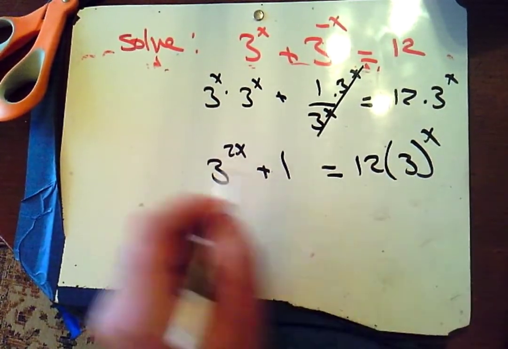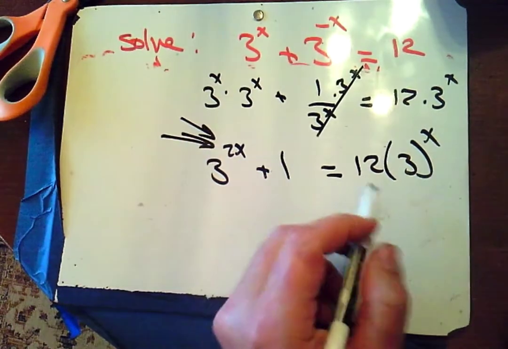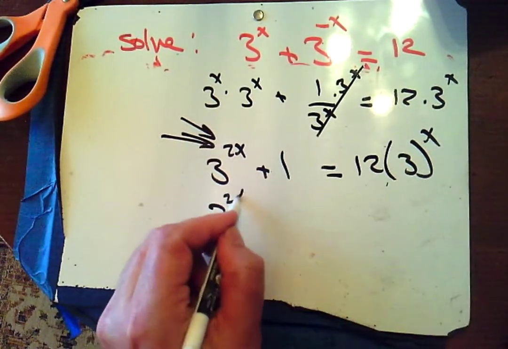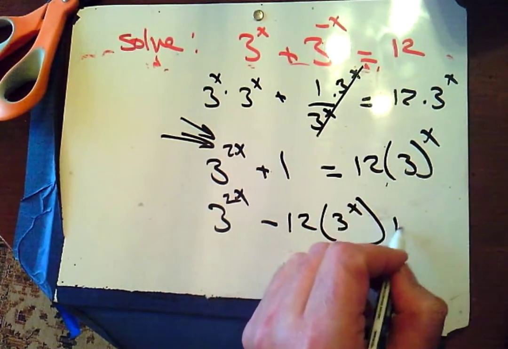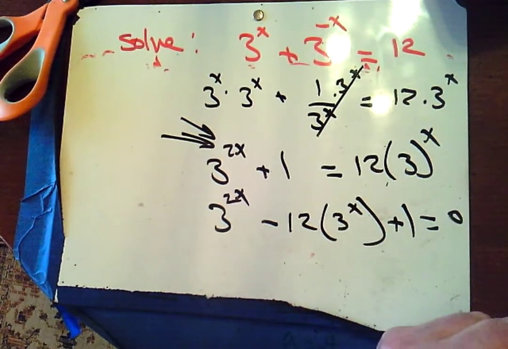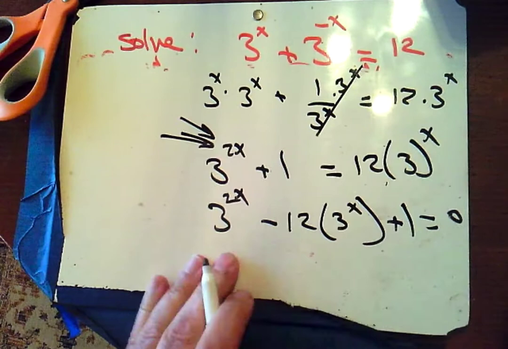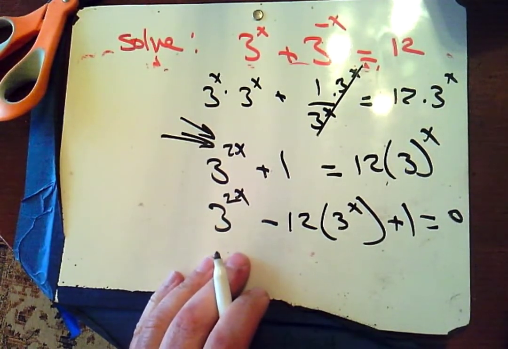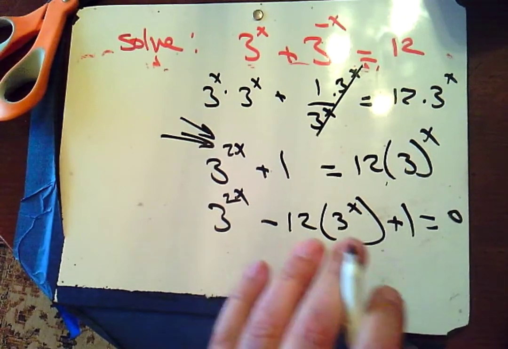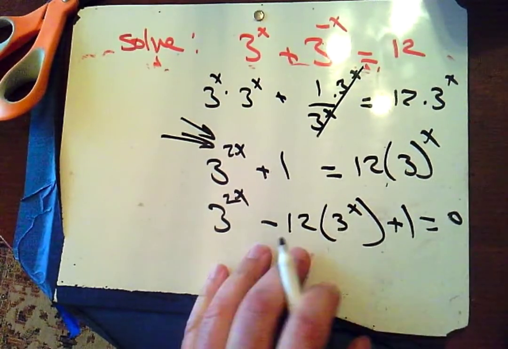Okay, and so then because I saw a quadratic, I moved this over. Plus 1 equals 0. And then I would try and factor. Now, in this problem, we can't factor, so I actually need to graph on my calculator to find this.